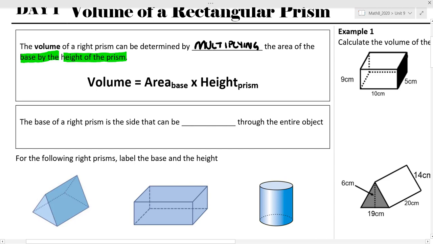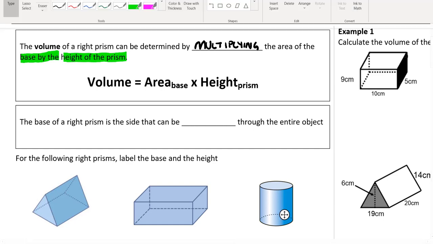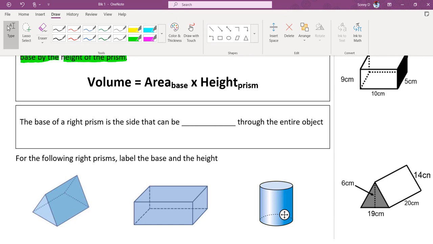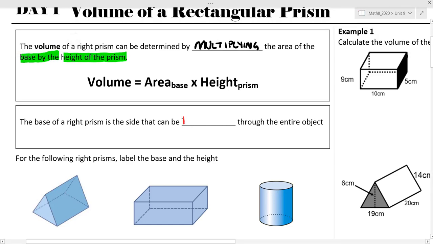The base of a right prism is the side that can be, so the base is the hard part. How do you identify the base? So I say it's a side that can be pushed through the entire object.